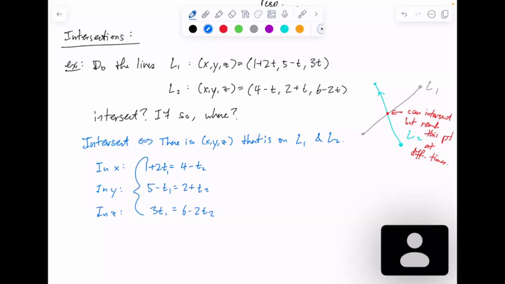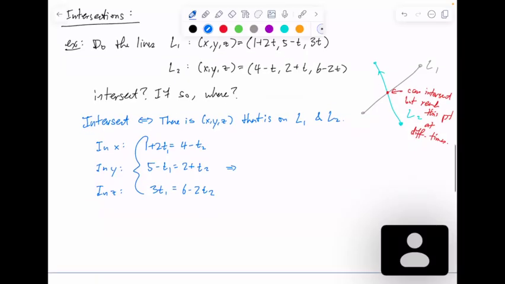All right, so let's take a look at this system. This Y equation I could simplify down in the following way. I could rearrange this by moving things around a bit. This is the same thing as t2 must be equal to 3 minus t1.